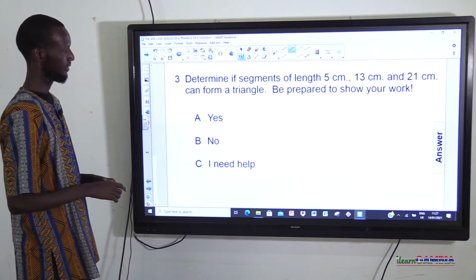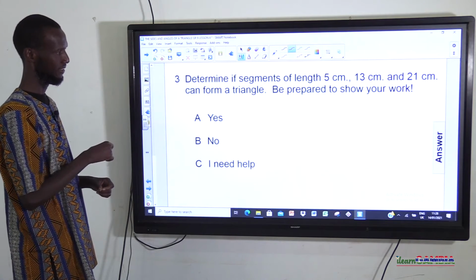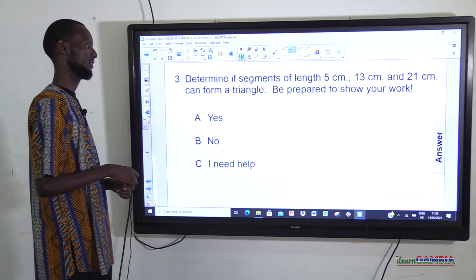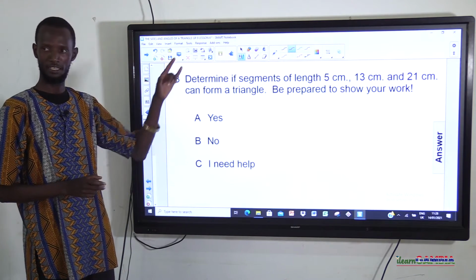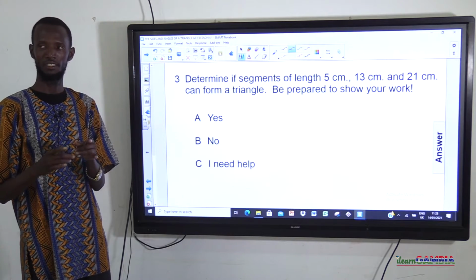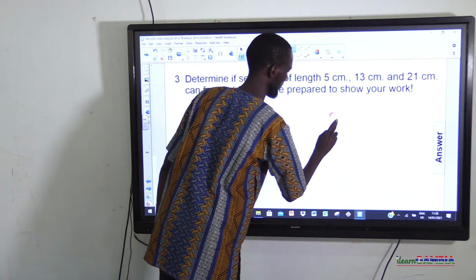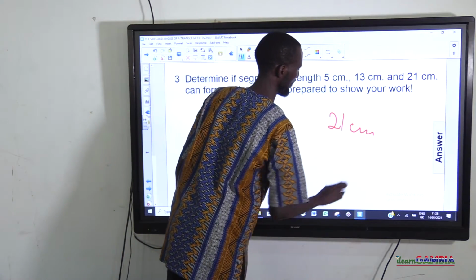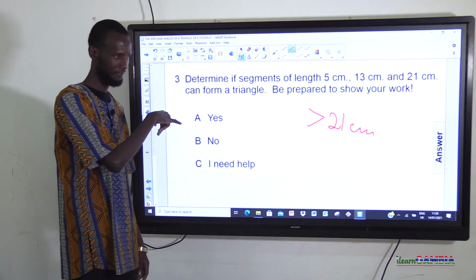Now, let's keep going ahead. We still have three lengths again, 5 centimeters, 13 centimeters, and 21 centimeters. Can they form a triangle? First, what is the longest side? The longest side is 21 centimeters. Will that be less than the sum of the two shorter sides?